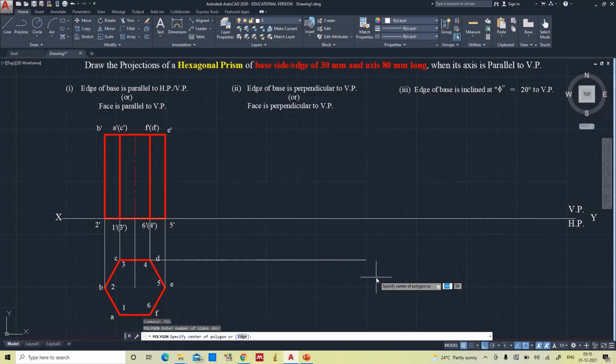Polygon, 6 sides, edge method, just move the mouse for the desired shape. 30.